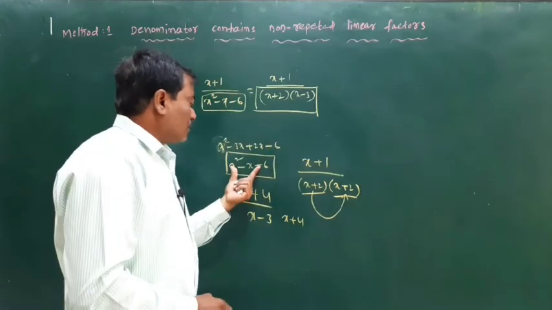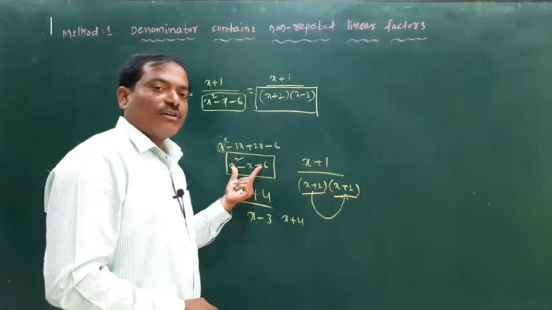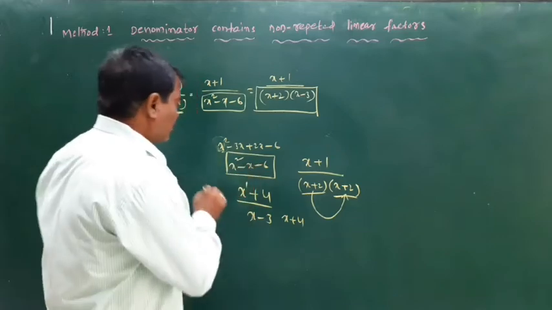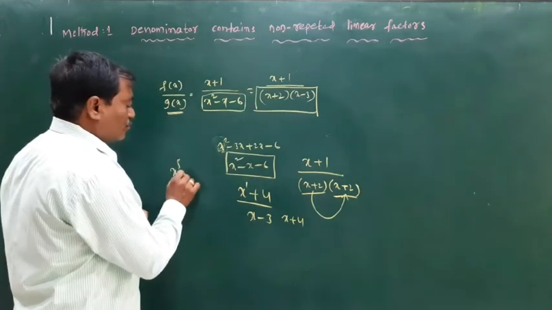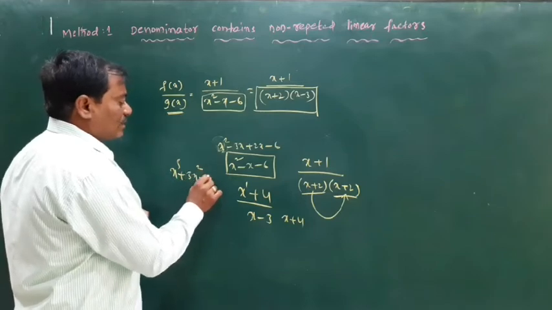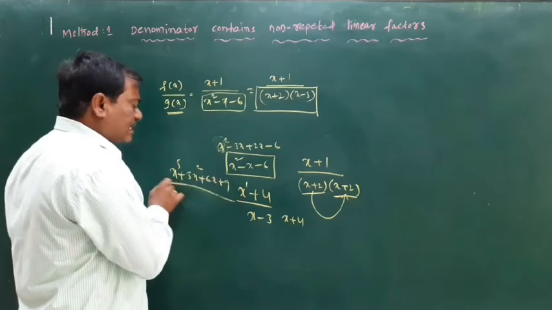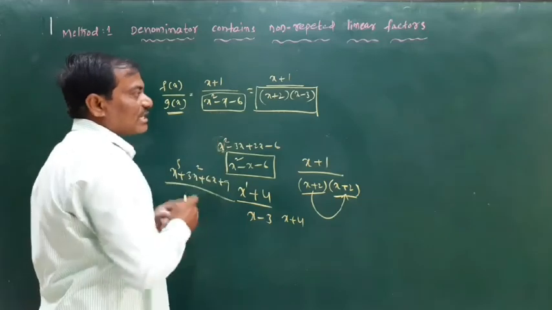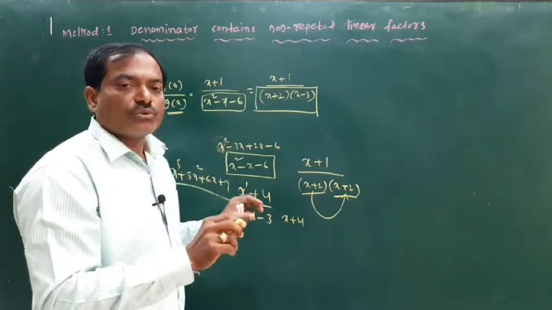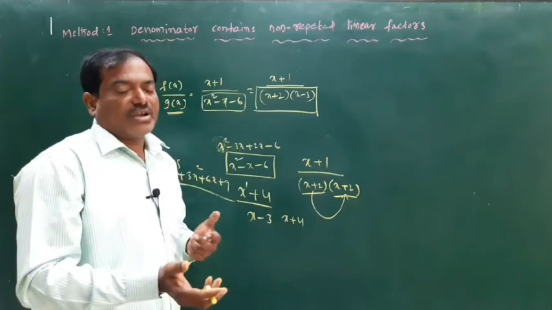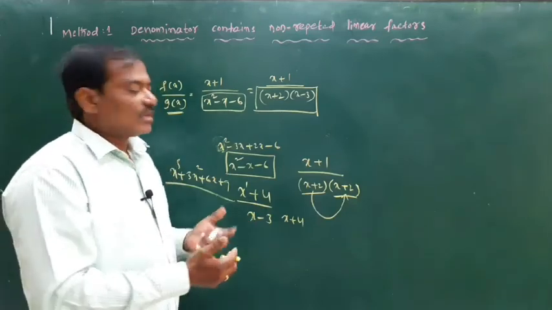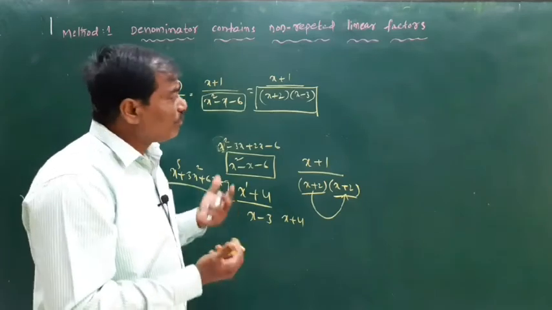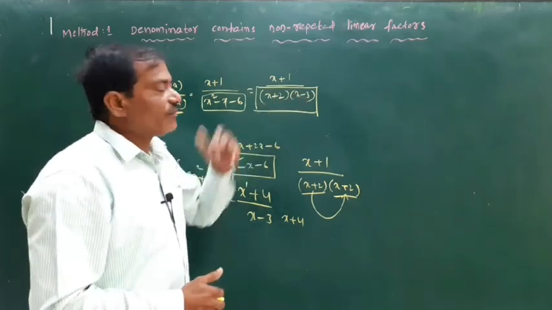If the denominator has degree more than 1, for example x square minus x minus 6 or x cube plus 3x square plus 6x plus 9, then if possible we have to decompose it into linear factors, based on the characteristics of g of x.